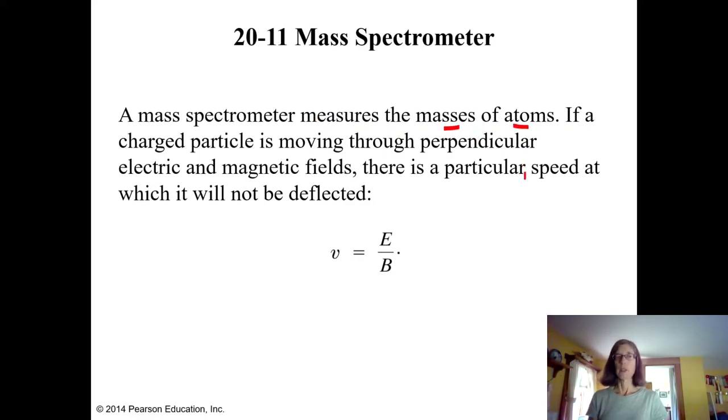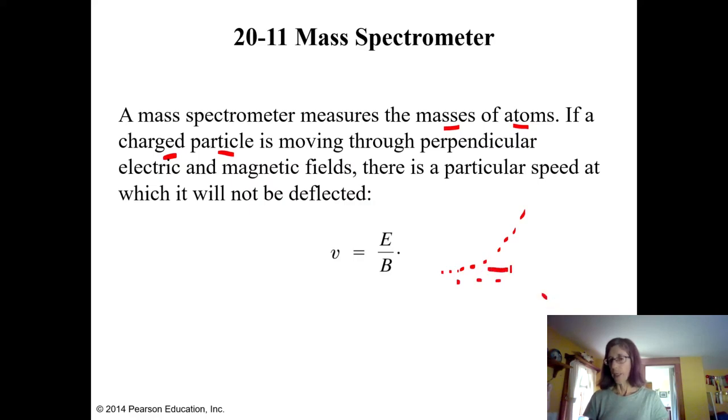And so you can measure the masses and relative proportions of atoms within a particular substance and then make a determination of the substance. How this works is if you have a charged particle and you move it perpendicular through an electromagnetic field, there's going to be a particular speed at which it's not going to be deflected. If you're moving too slow, it might get deflected up or downward.